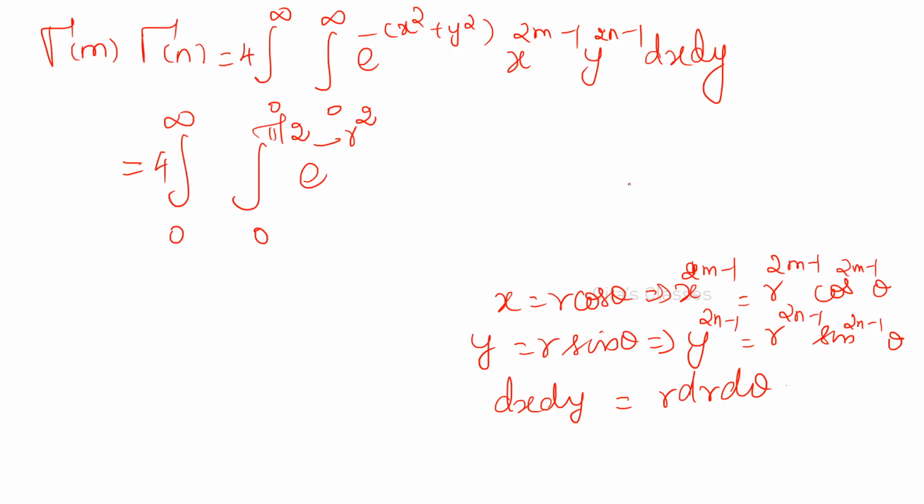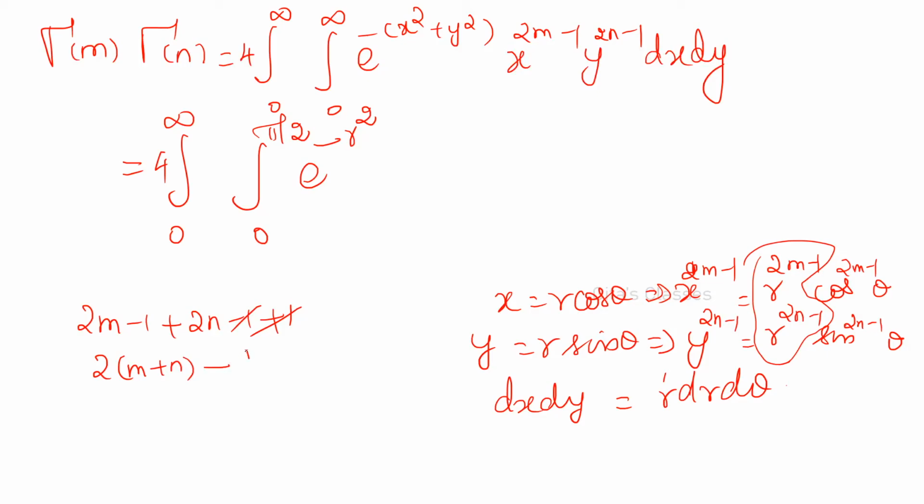Therefore, now x power 2m minus 1, here how much r will you get? Find out that. So here you will have 2m minus 1 plus 2n minus 1, and one more r here, so plus 1. So 1 will get cancelled. This I can write as 2m plus 2n, so 2 into m plus n minus 1.